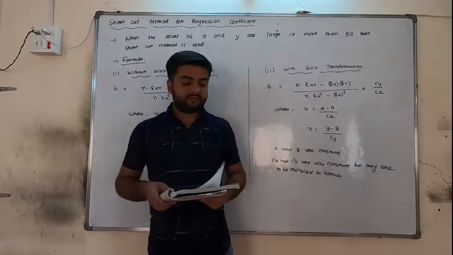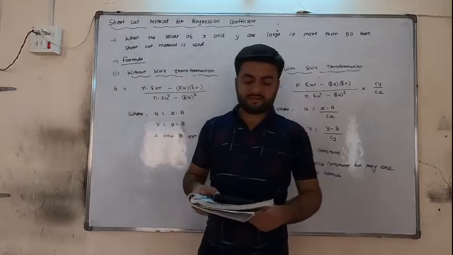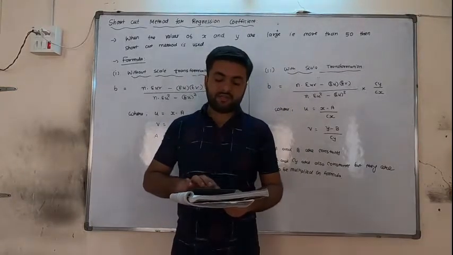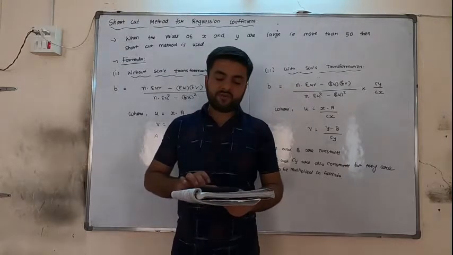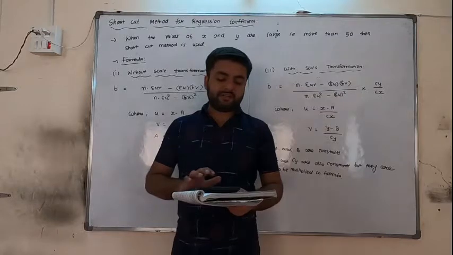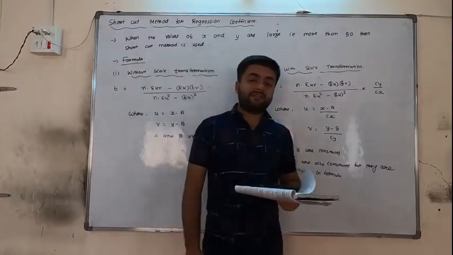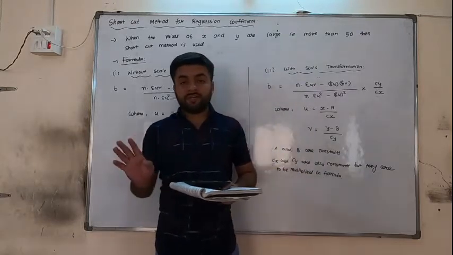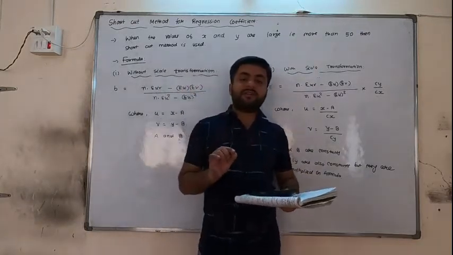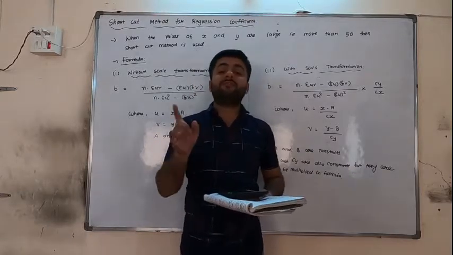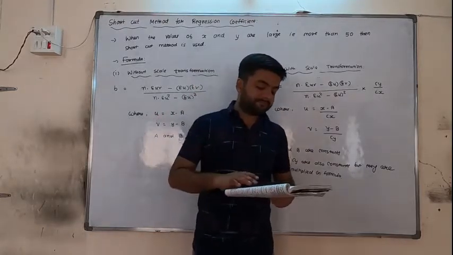So write x bar is equal to 25.29. Then 128, 140, 115, 120, 105, 122, 100, total 830. Divide by 7. Y bar is 118.57. Now see, both are non-integer, 25.29 and 118.57. Also the values are more than 50, so we will use the UV method.